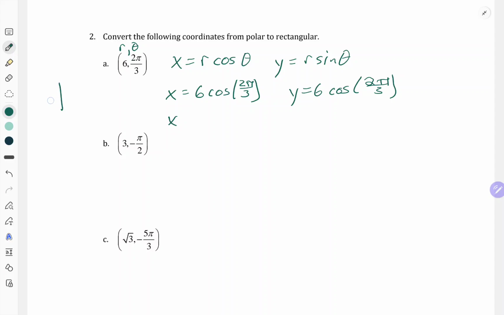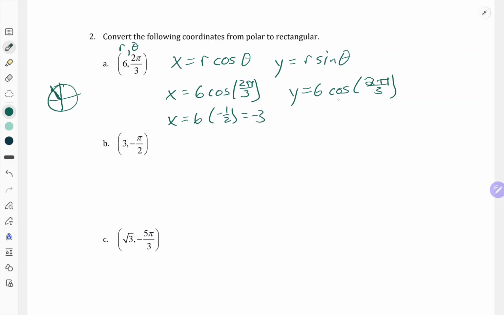But these are values on the unit circle, so let's see what those might be. So 2 pi over 3 is going to be right up here in quadrant 2, and we'll be using 6 as our r, so we'll move 6 units out in that direction. But that 2 pi over 3 normally has a cosine of negative 1/2, right? So this would be 6 times negative 1/2, which is negative 3.